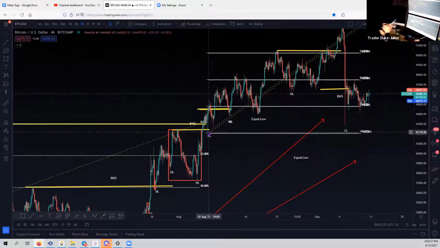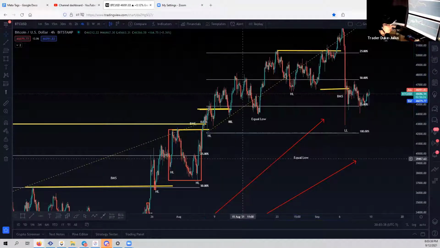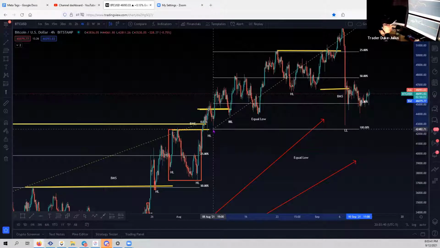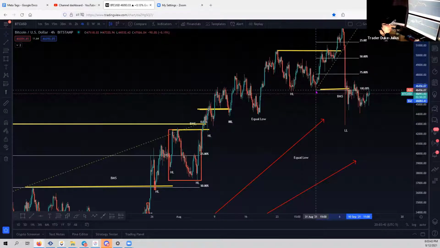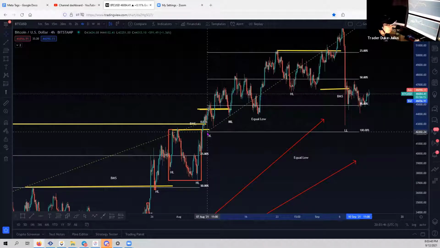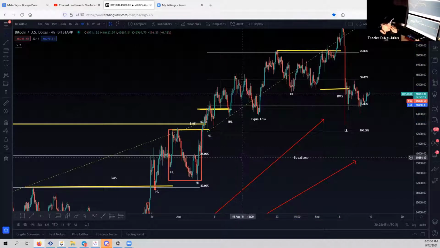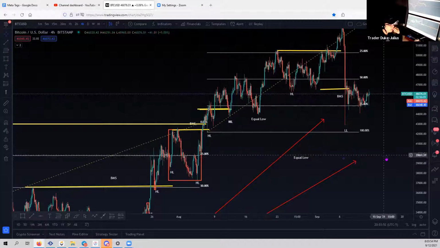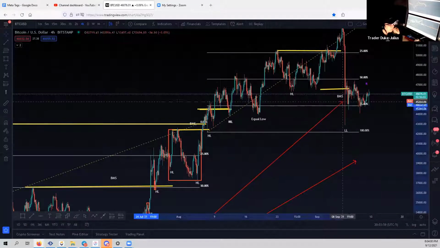The reason we moved the fibs, I think I've got too much going on here. The reason why we moved the bottom of this fib from here to here is because the question I needed to ask myself is, if we BMS, where would there be a change in trend? Because if you notice, our trend was moving up, right?